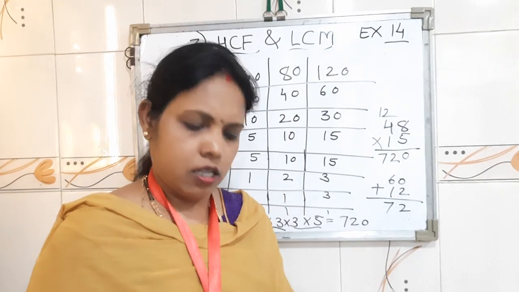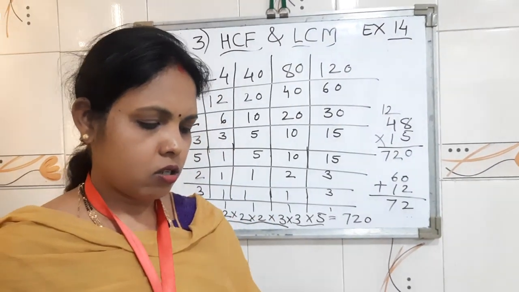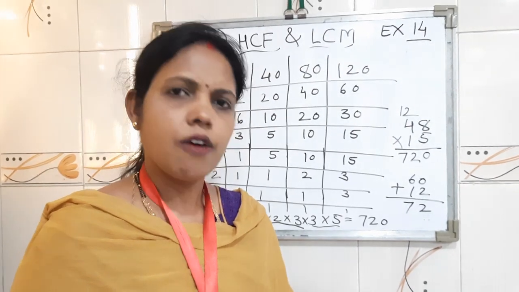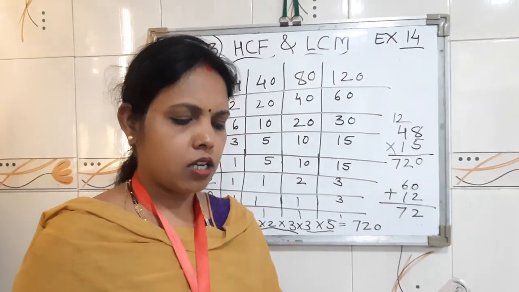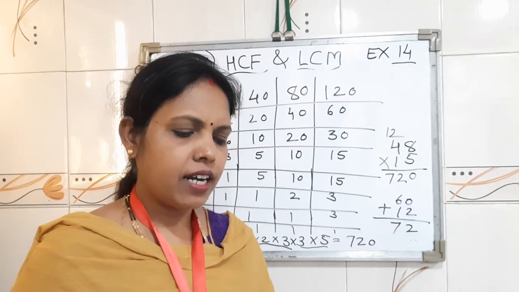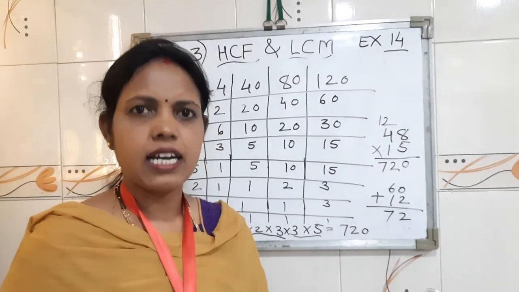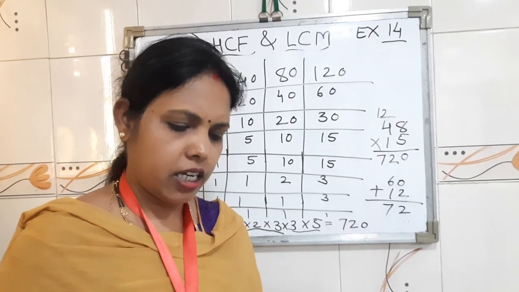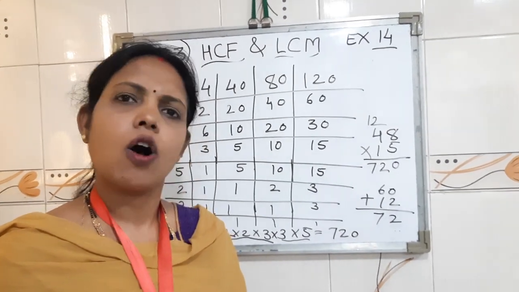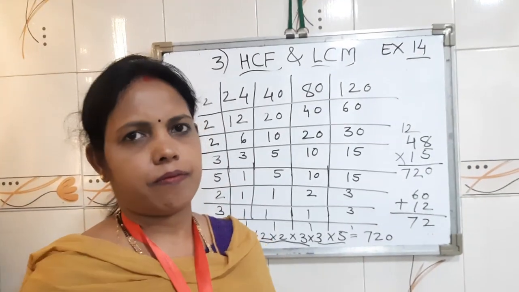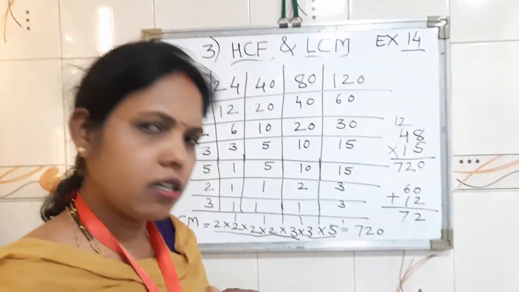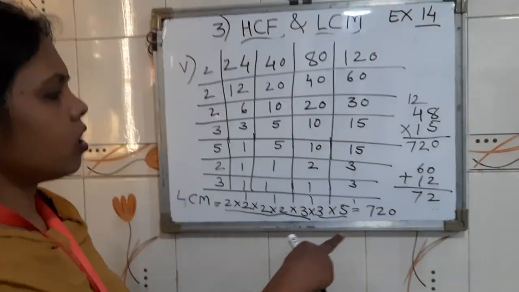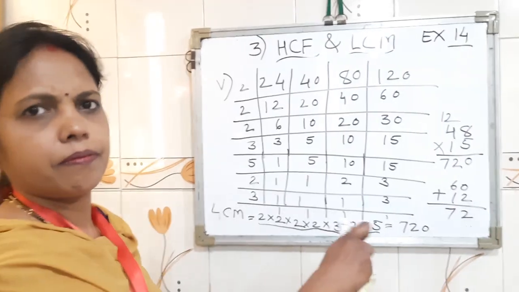Now we are going to move to question number 4. Find the smallest number which when divided by 8, 9, 10, 15 and 20 gives a remainder of 5 every time. So children, for this sum, again I hope you all understood the given sum.